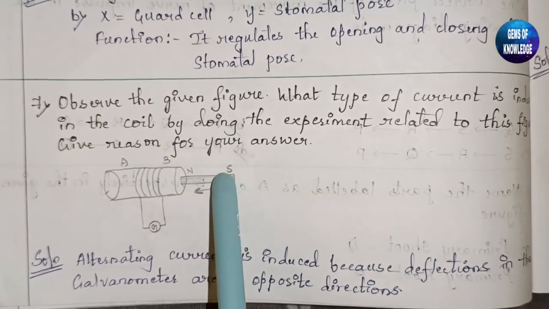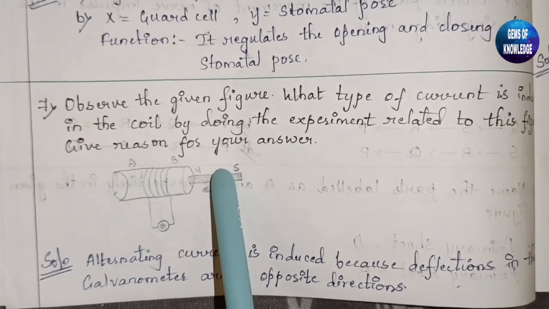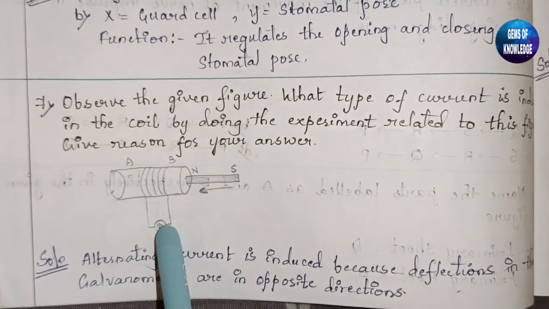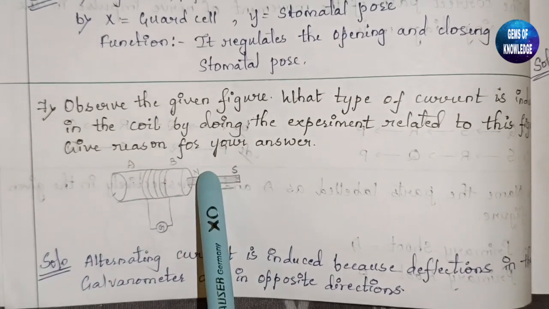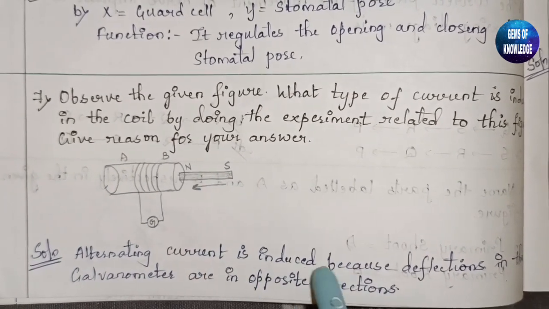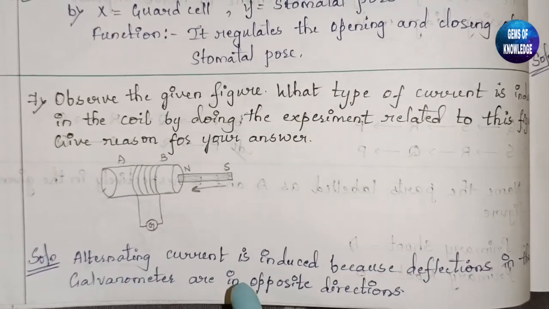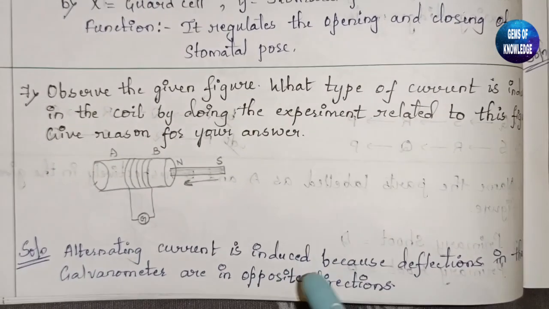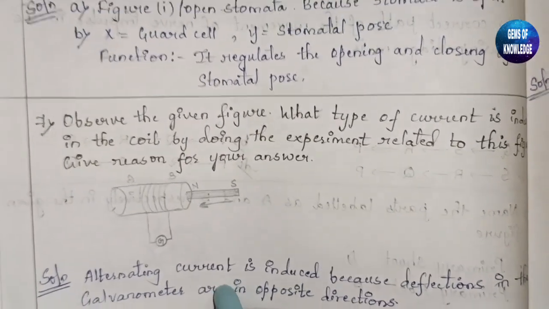As soon as you insert the magnet into this coil, the galvanometer shows a direction opposite to the earlier one. When the directions are opposite, you can say that alternating current is induced, because the deflection in the galvanometer will be in the opposite direction.